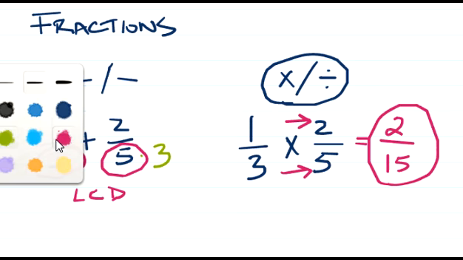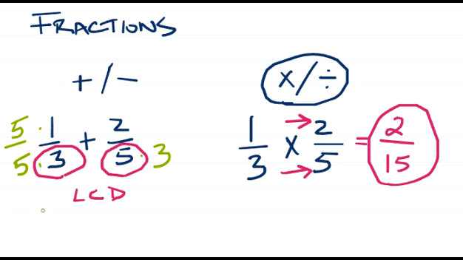So here we have to change this fraction on the left into 5 times 1, which is 5, over 5 times 3, which is 15. So we turned the fraction 1/3 by multiplying by a 5 on top and on bottom. We turned it into 5 over 15.